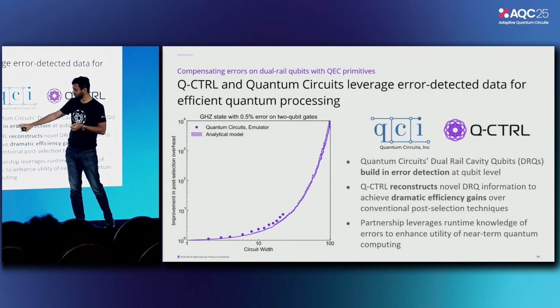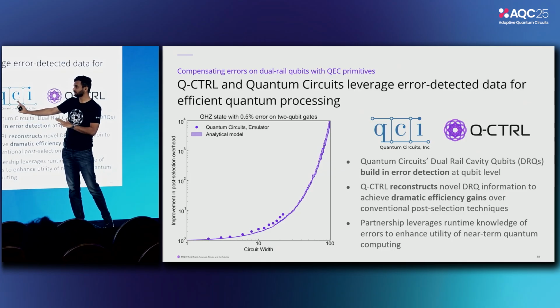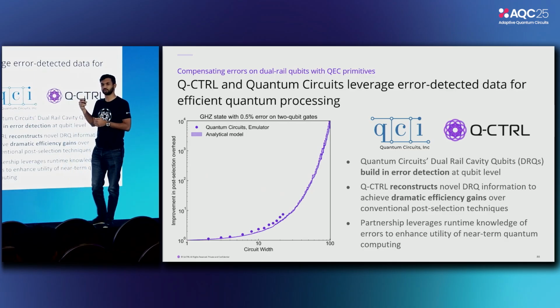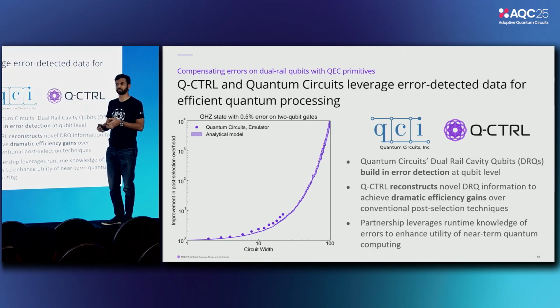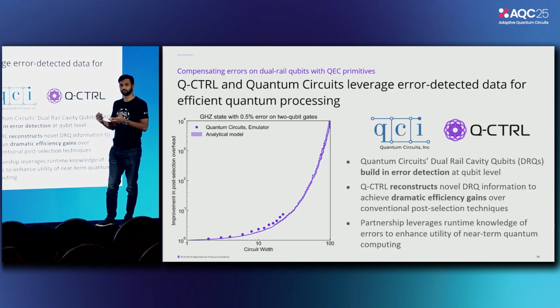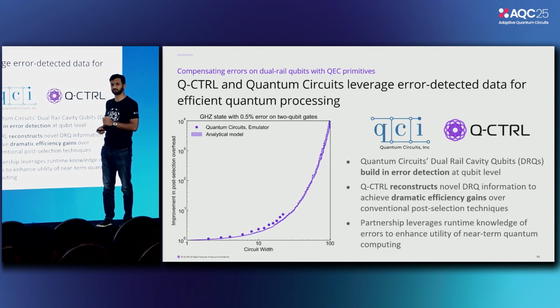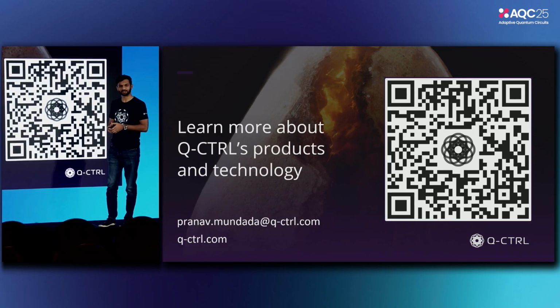So here you actually see, and I want to caution that this is, again, simulated data, that as the size of the circuit grows, you can get exponentially more yield preserved if you can do some clever data augmentation of the information that you have. So that's all I can say about it at this point, but soon we'll have some more technical details out around this. Yeah, thanks for listening.